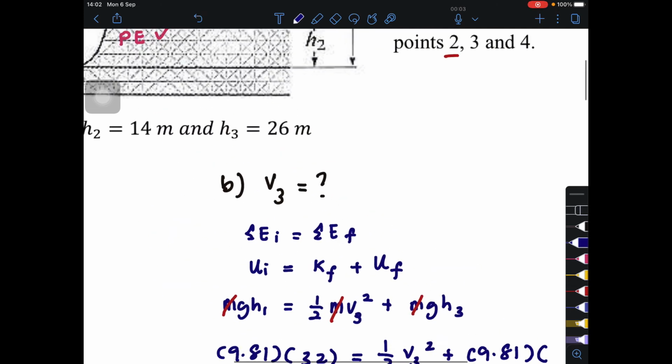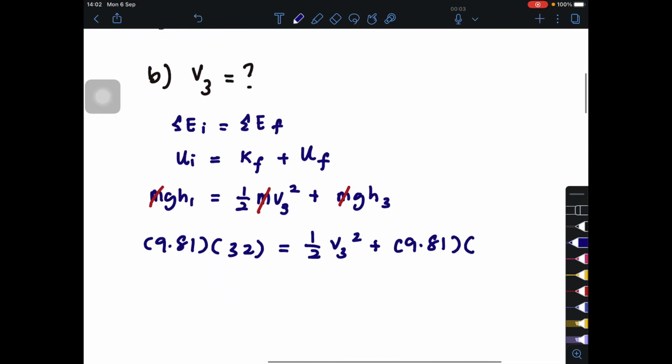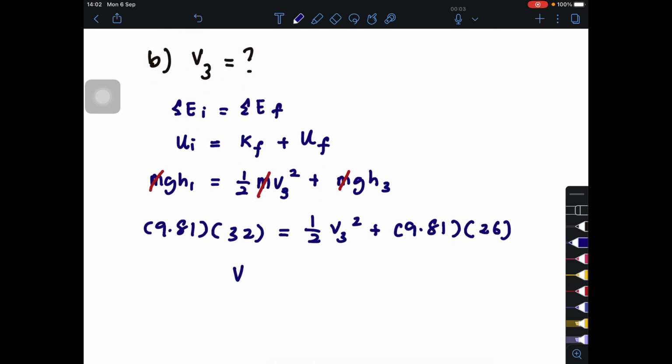And then h3 is 26 meter. So you can solve the value of v3, which is equal to 10.85 meter per second.